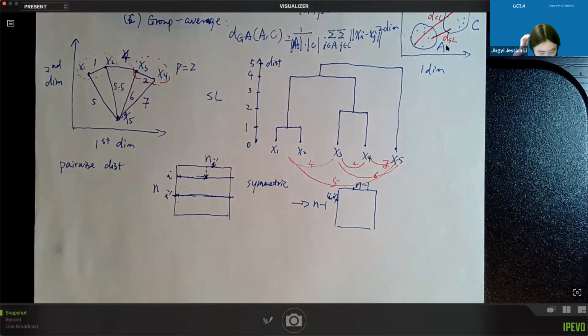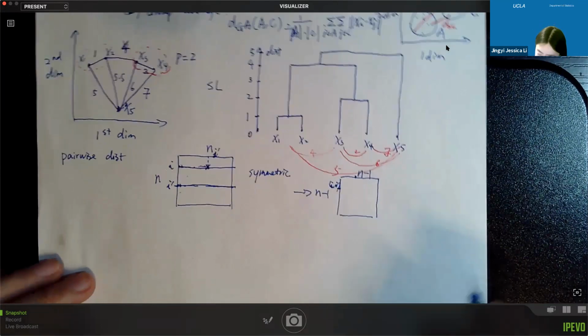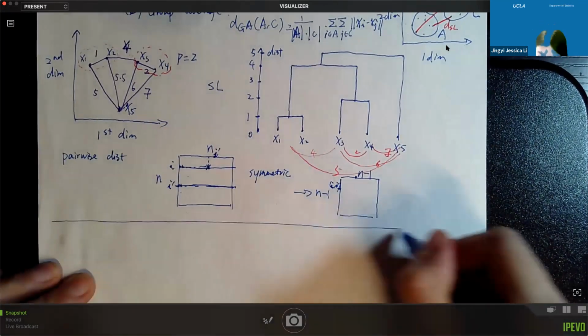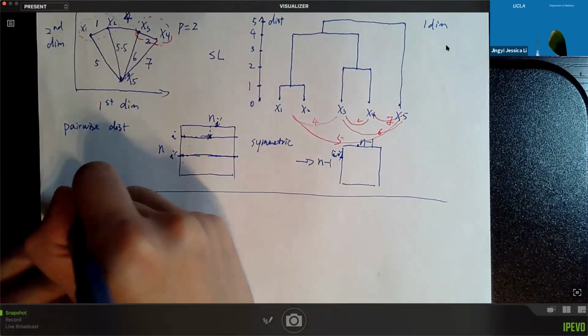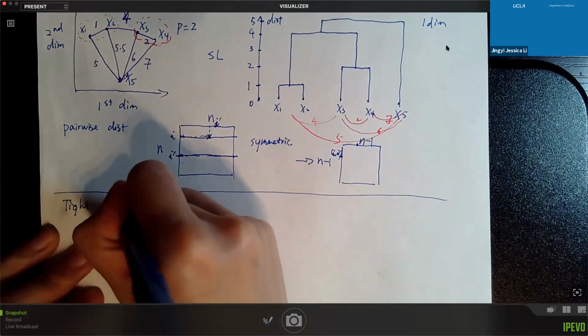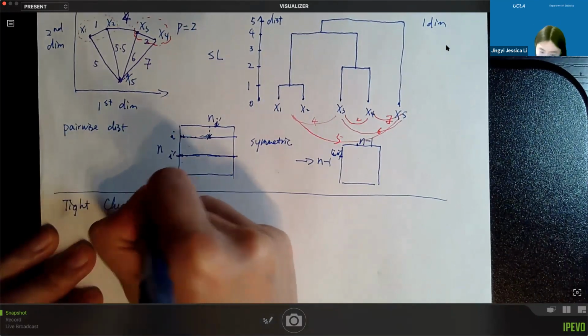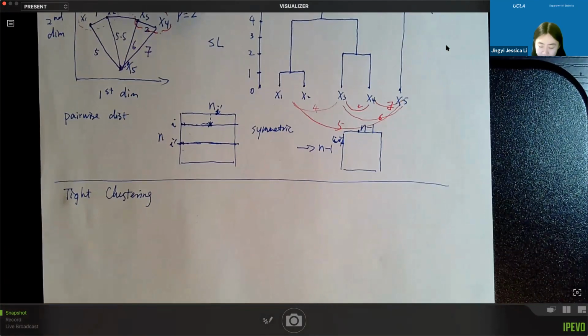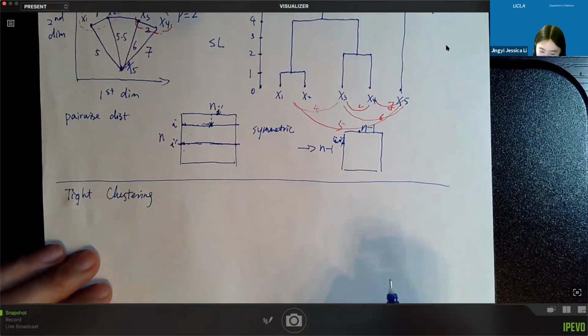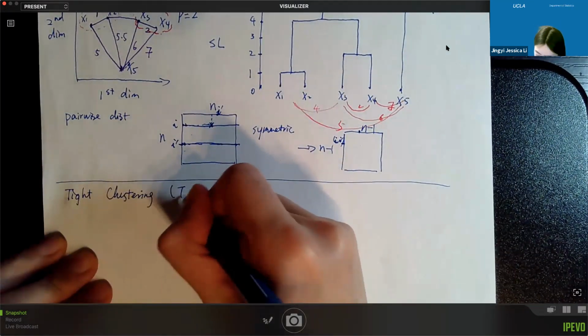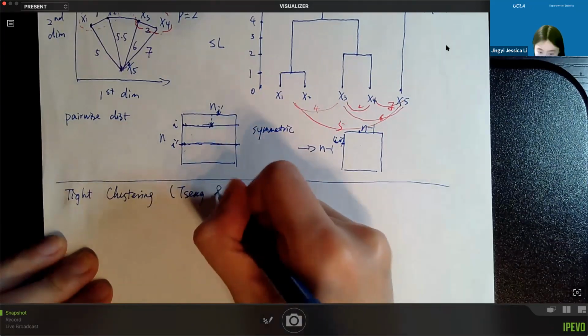One thing I want to talk about next is a variant called tight clustering. That's something you can use for finding really tight clusters. This is a 2005 paper. It's not in the notes, but I'll just write it here.